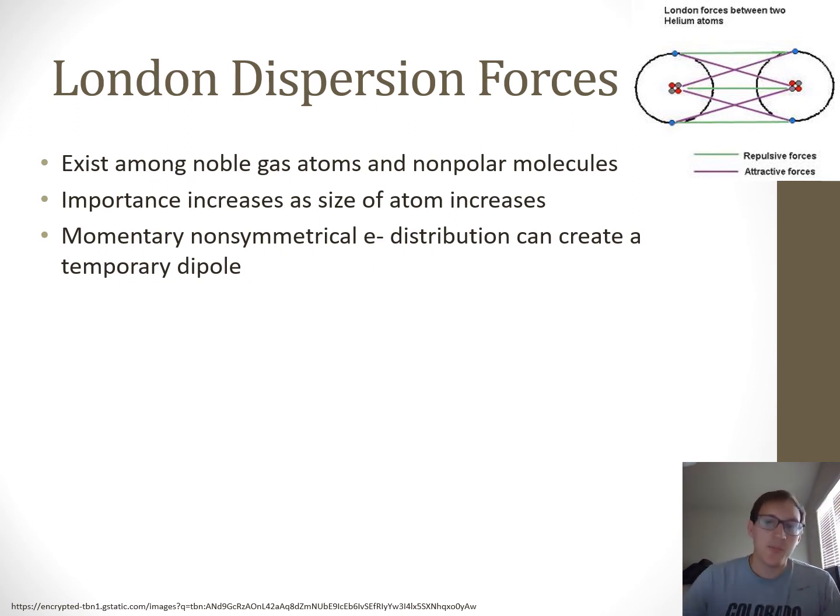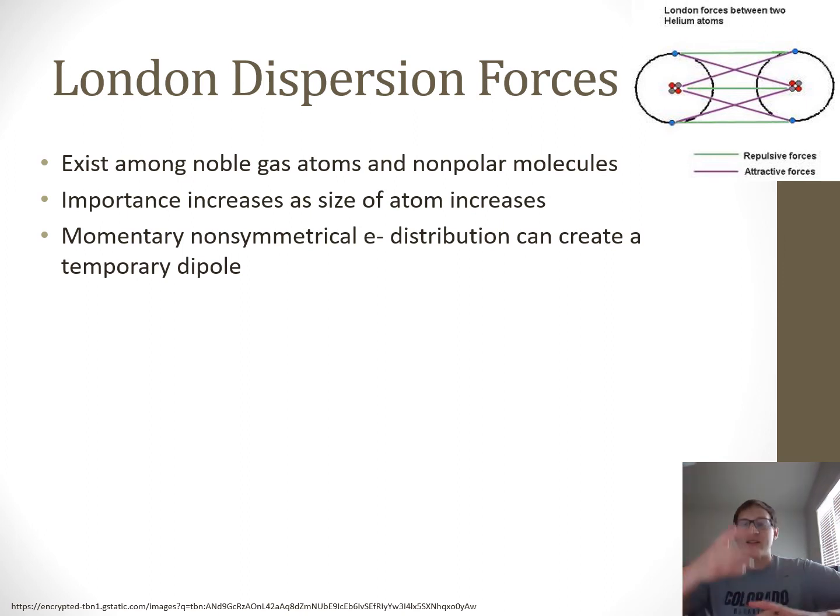So up here in the top right, you can see that the green lines are the repulsive forces and the purple lines are the attractive forces. So the nuclei of two molecules that are next to each other are going to repel each other, whereas the electrons are going to be attracted to the nucleus and the electrons are going to be repulsive of each other.